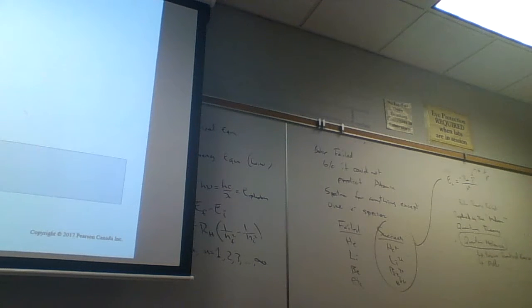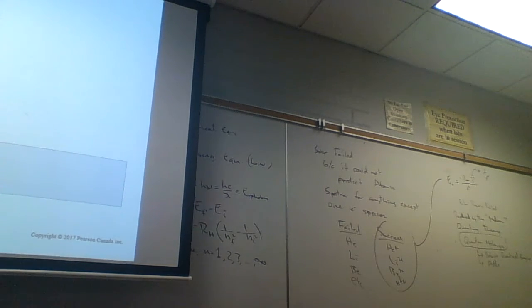This is his equation, that the wavelength of matter is equal to h, which is Planck's constant, divided by p, which is momentum. Momentum is given by mass times velocity.